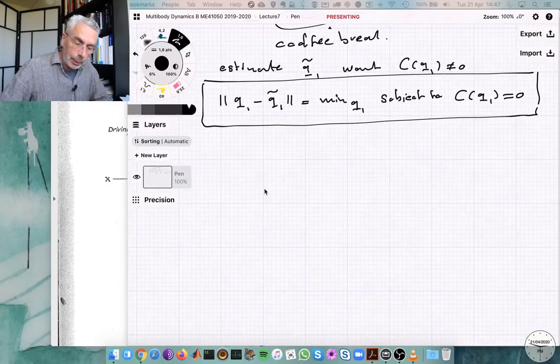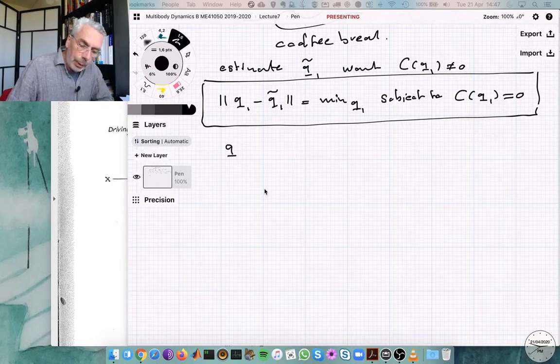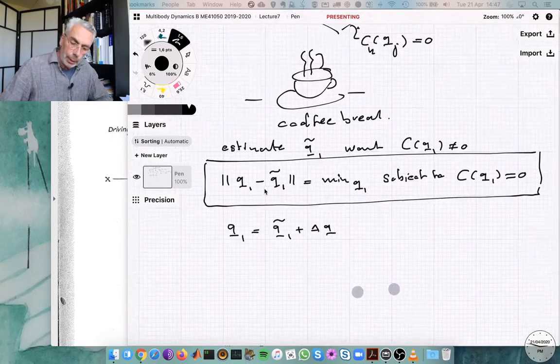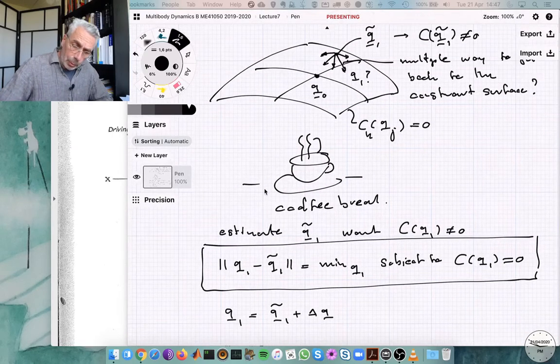And how do we do that? Well, first let's do a linearization. First we say the real solution is this estimate solution where we do a small change delta Q. That's the small step we do. This delta Q is this small step we do back to the surface here.